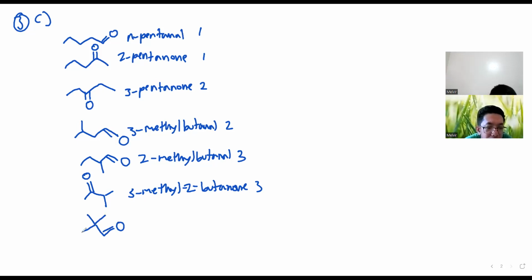Tertiary aldehyde. 1, 2, 3, 4, 5, 6, 7, 9, 10. Additional. Dimethyl propanol. Propanol, 1, 2, 3, correct. 2,2-dimethyl propanol.